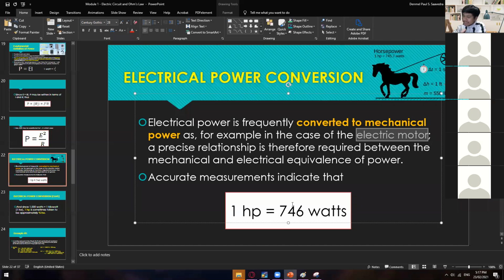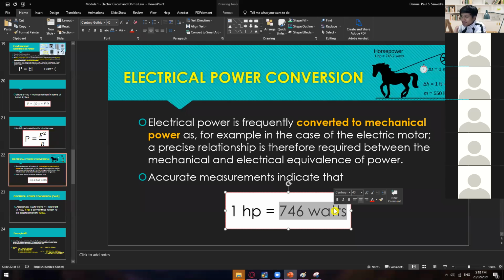You need at least 3,182 watts to power up such a mechanical thing. The higher the horsepower, the more electricity it needs to consume. Imagine 1 horsepower is already 746 watts.